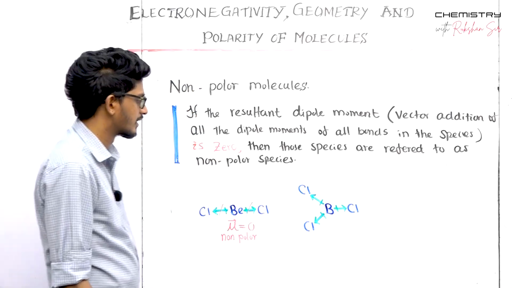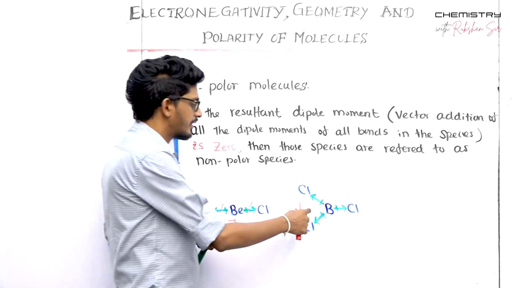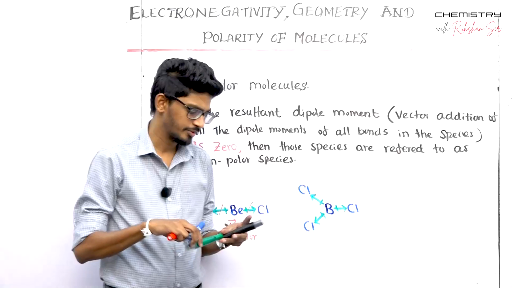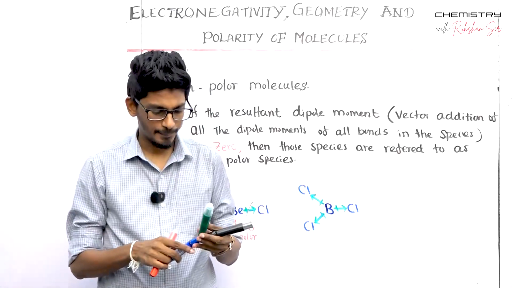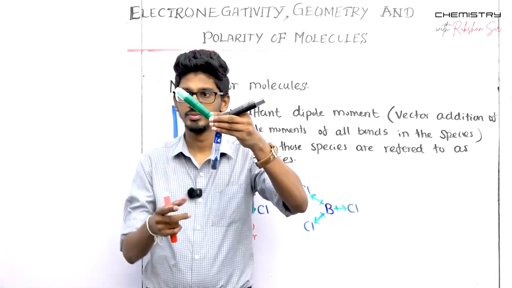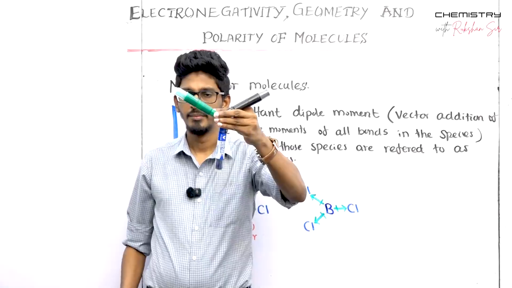So what will happen when it comes to the resultant? These three things will cancel off. So it's a planar molecule like this now, with 120 degree angles between the bonds.